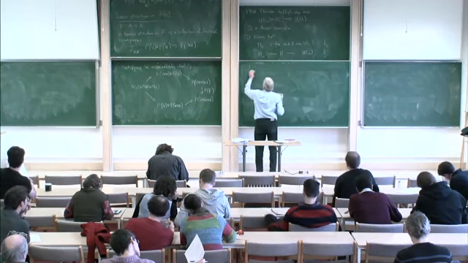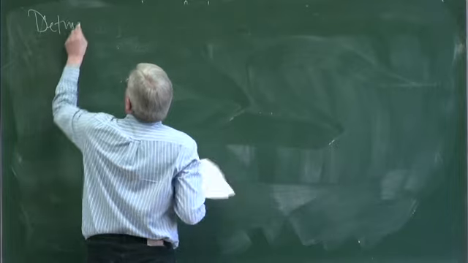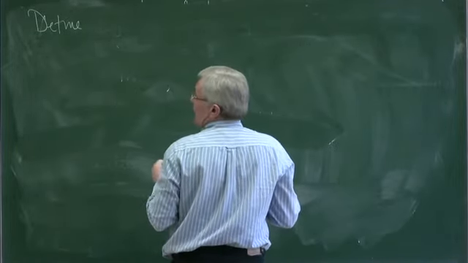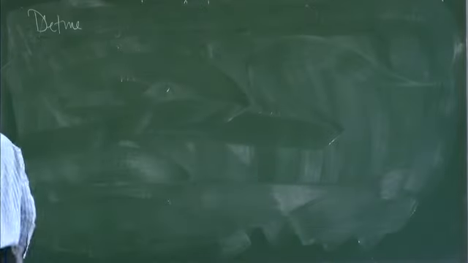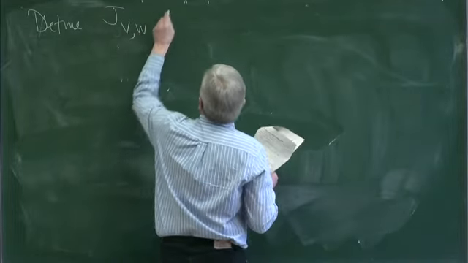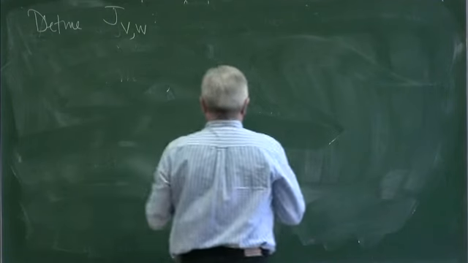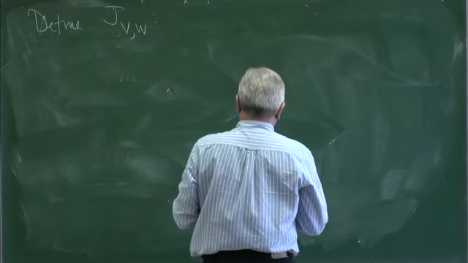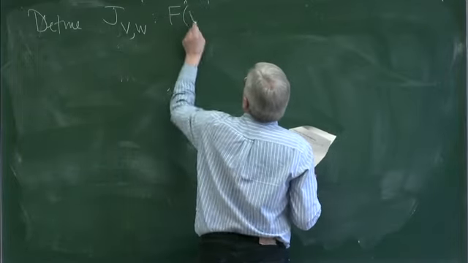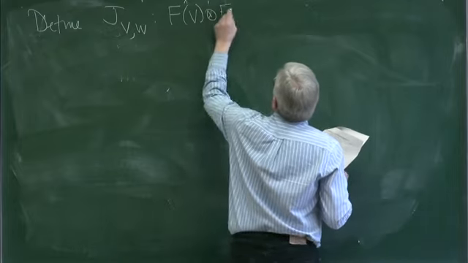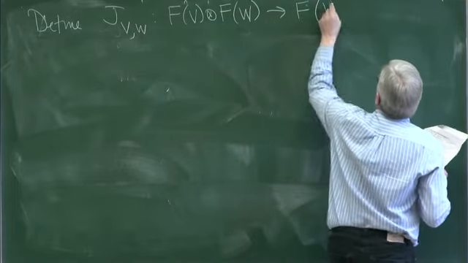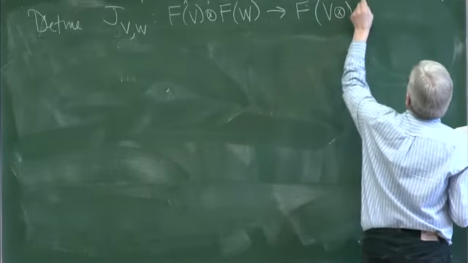So define J, V, W, going from F of V tensor F of W into F of V tensor W, as follows.